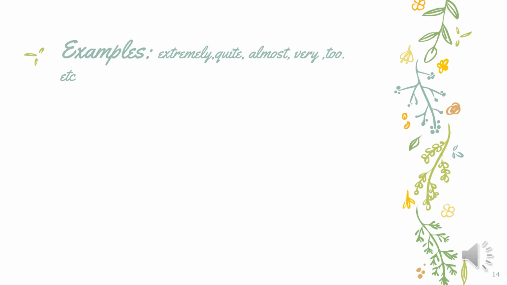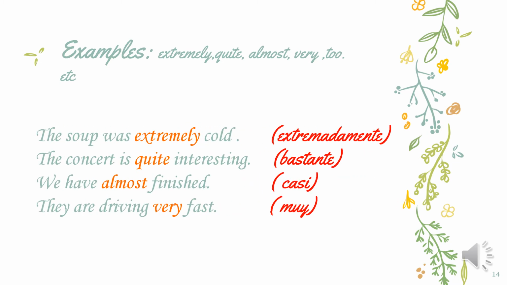For example, extremely, quite, almost, very, too, etc. For example, the sentences: The soup was extremely cold. The concert is quite interesting. We have almost finished. They are driving very fast.